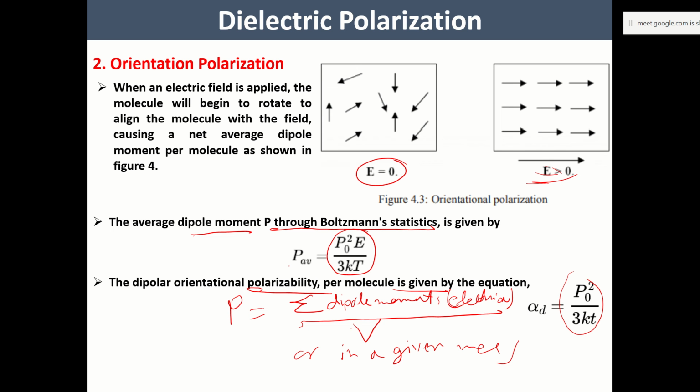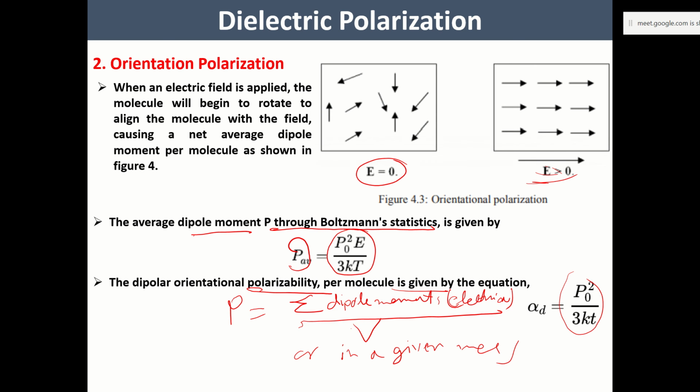Just like we defined magnetization in the case of magnetism, here also we are taking the summation of all the dipole moments, and then giving it a name called polarization. This P average is that thing, and P naught is the polarization at 0 Kelvin, and P is the polarization at any temperature, which can vary.